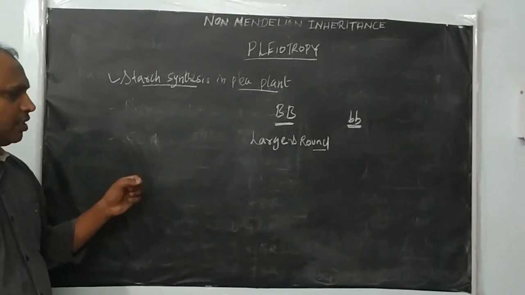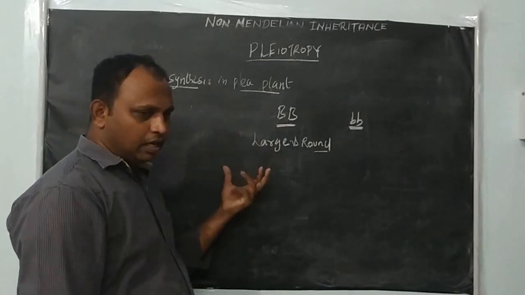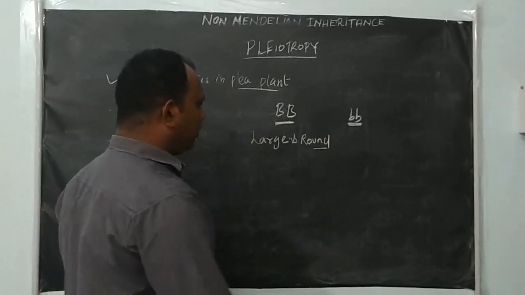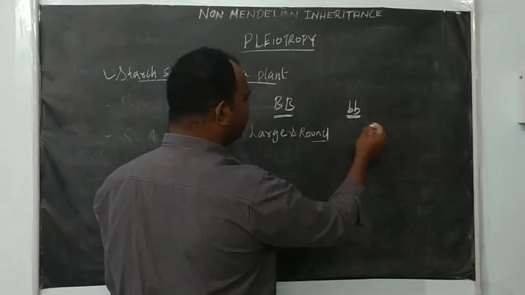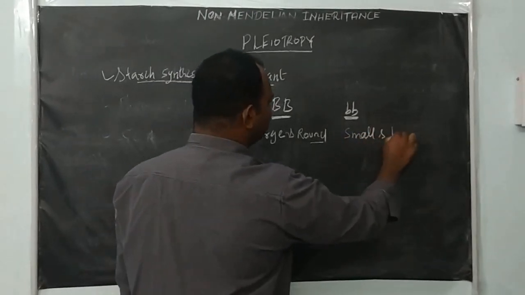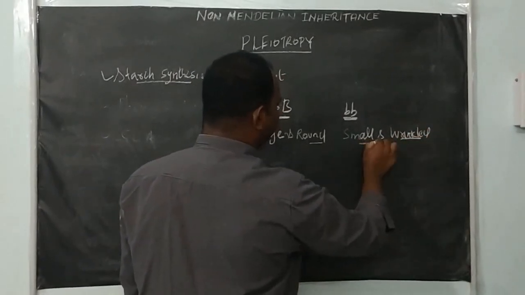Because of high efficiency, because of more synthesis of starch, the seed looks large. But the pea plant with small bb genotype produces seeds which are very small and also wrinkled in shape.